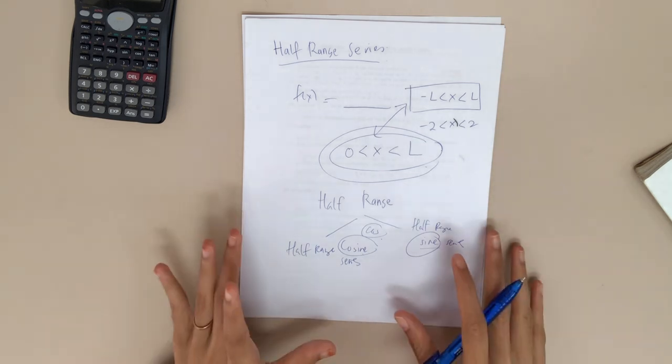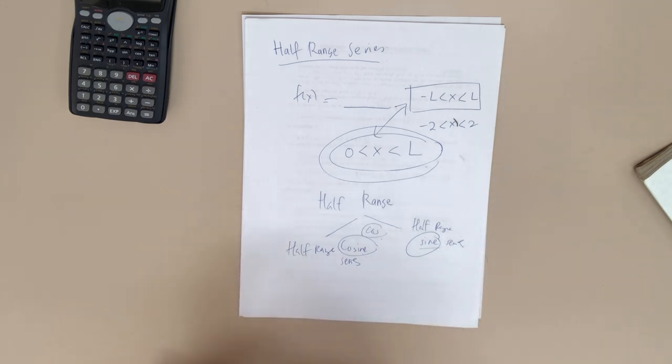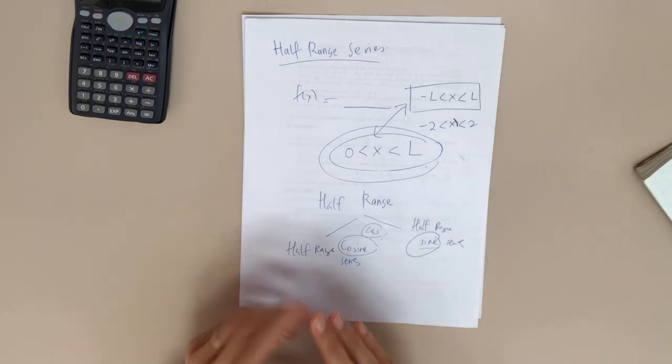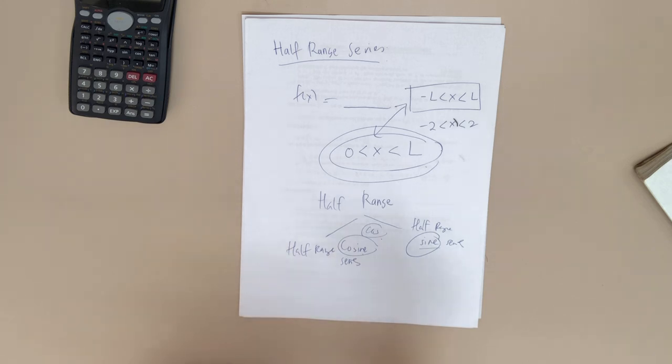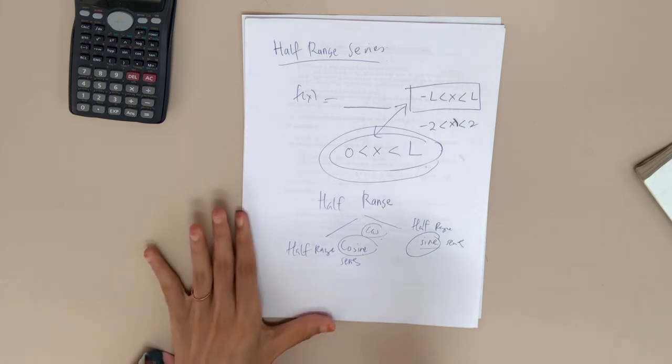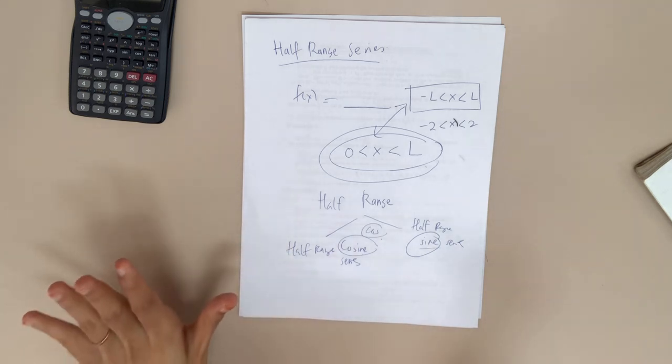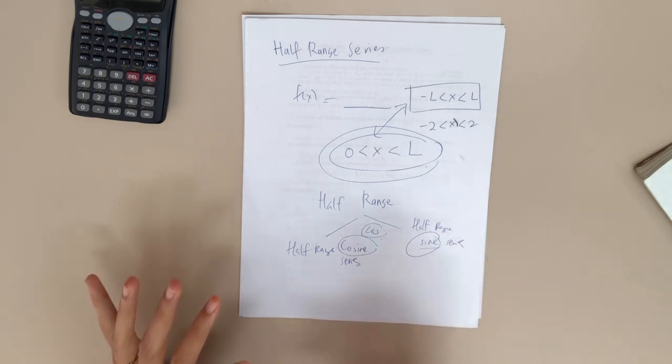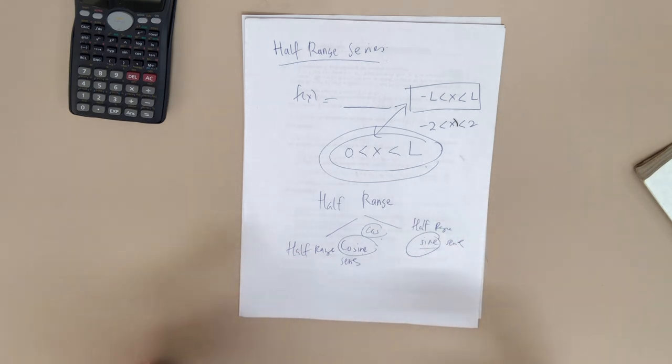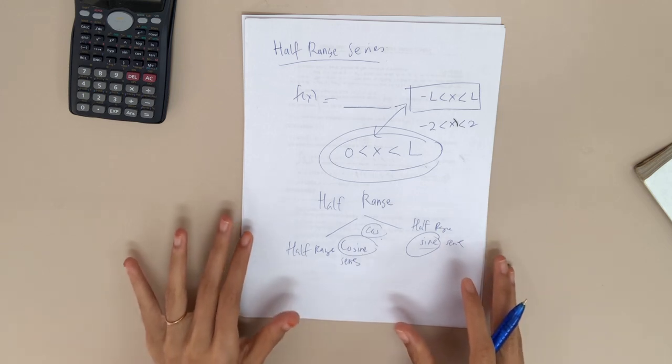But for half range, if it is clearly stated half range cosine, you just go direct and use even. And if it is half range sine, you use odd. So you skip one step. There is nothing complicated about the half range.